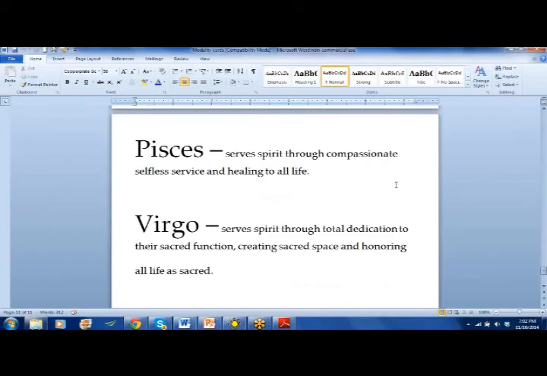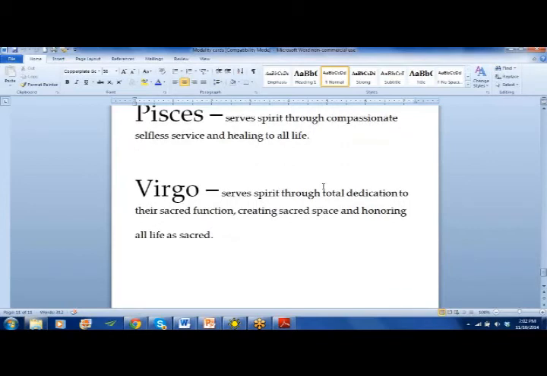Pisces is in service to spirit through compassionate, selfless service, and is asking, how can I help and heal? That's what Pisces is really here for. And Virgo is in dedication to their sacred function or their sacred work, creating sacred space, honoring all life as sacred.